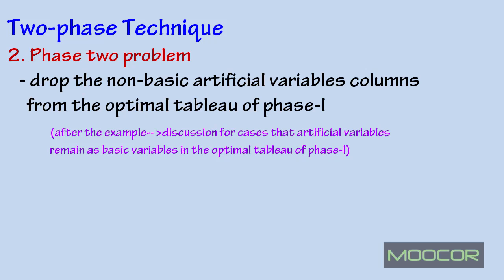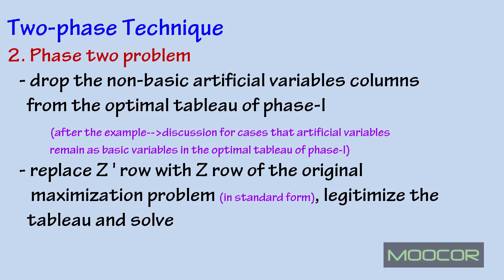However, we are assuming that that's not the case, and we will replace the z prime row with the z row of the original maximization problem in standard form. Then we will legitimize the tableau and we will solve it using the regular simplex iterations.